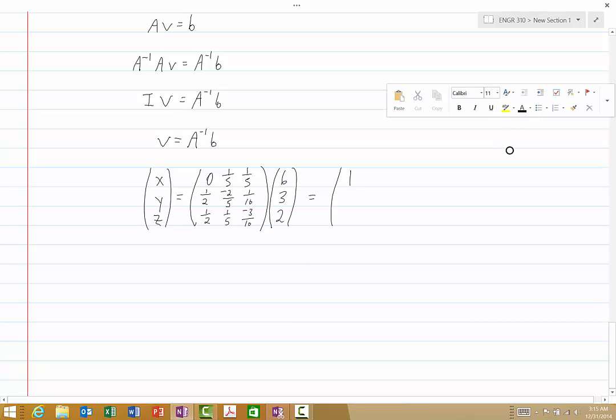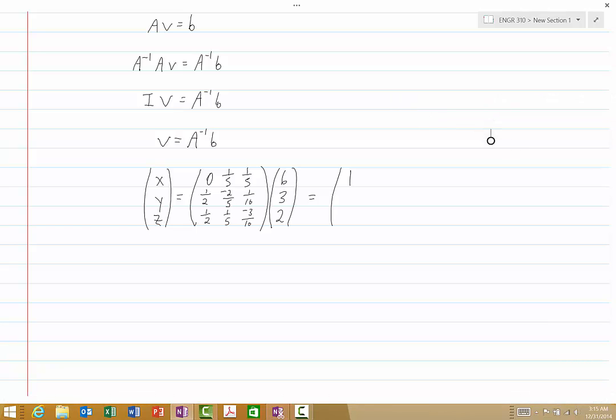We have 6 times 1/2, so that was 3. And then minus 2/5 times 3 is minus 6/5. And 1/10 times 2 is 2/10, which is the same thing as 1/5. Well, negative 6/5 and 1/5 is negative 5/5, so this is the same thing as 3 minus 5/5, or 3 minus 1, or 2. So our entry here is 2.